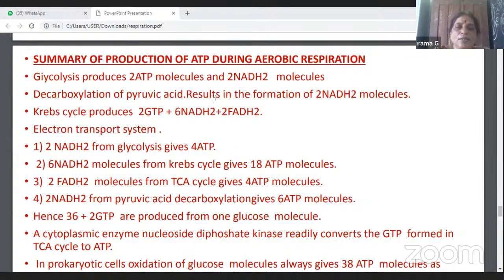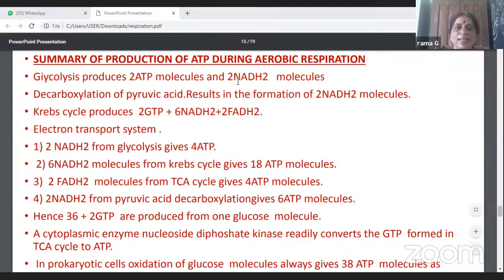And there triose phosphate molecules are two. For each one triose phosphate molecule, two ATP molecules are synthesized. So totally 4 ATP molecules are produced during the glycolysis, and 2 NADH2 molecules also.